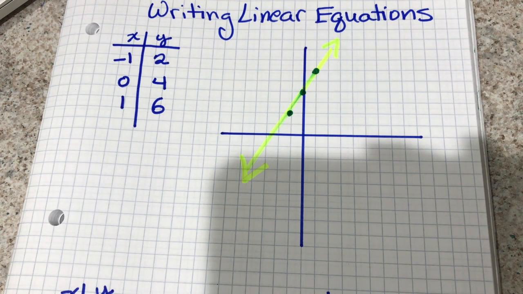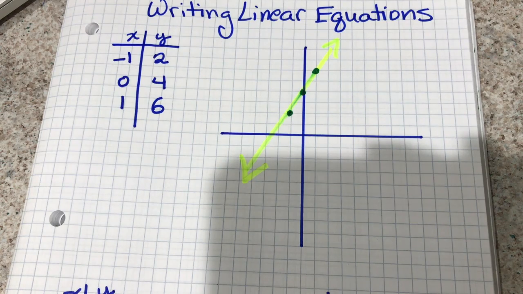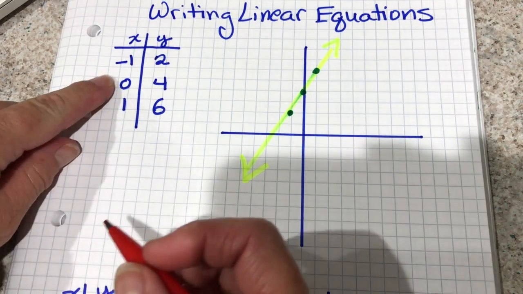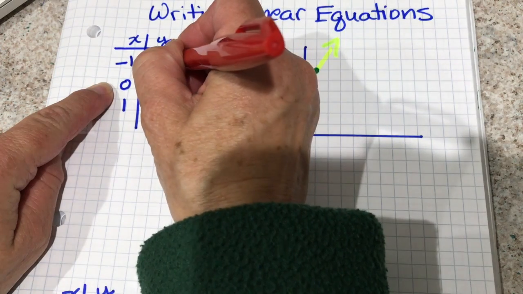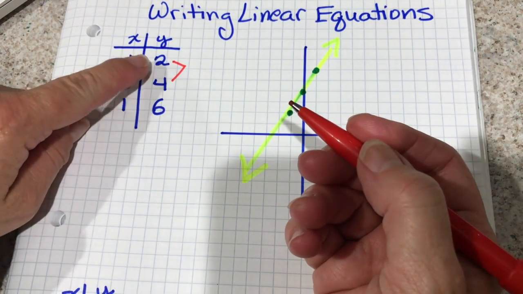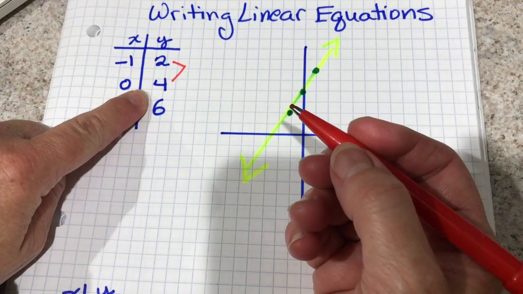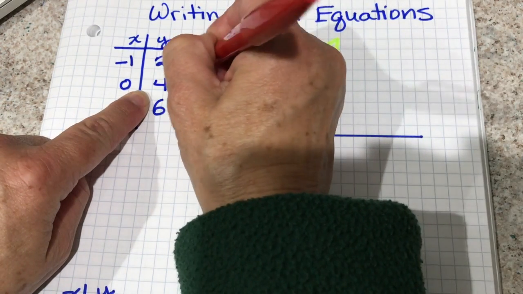Our second step now is to figure out the slope of the line. That is, what is the rate of change? We can do that in two ways. The first way is we can look at the table and we can see the rate of change in y. If we notice in the table, to get from 2 to 4, we're going to add 2.